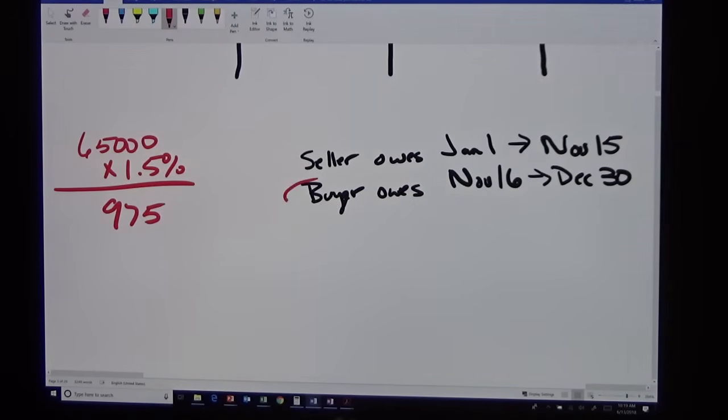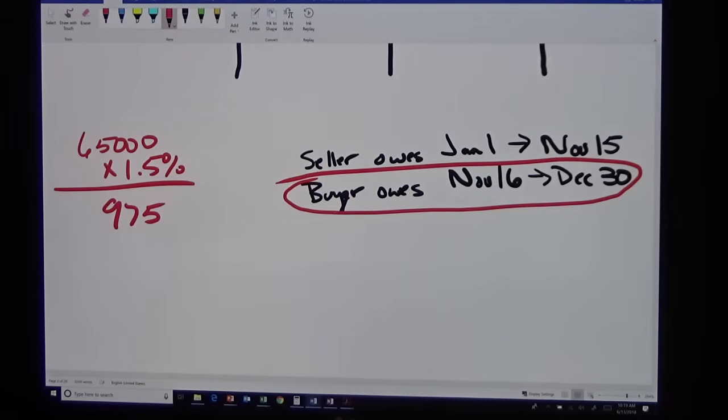That means at closing, it's the buyer who needs to pay. So we're going to circle that statement because that's what our proration is going to be about right there. November 16th through December 30th. So let's go ahead and figure our number of days. That's 15 days in November plus 30 days in December. So a total of 45 days worth of taxes.